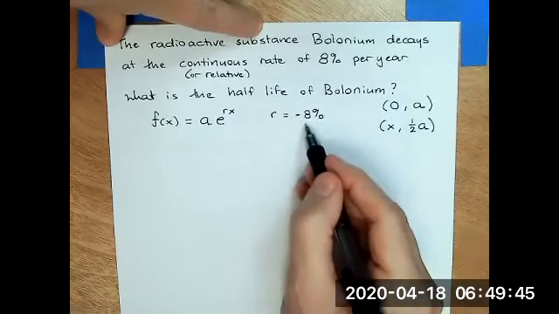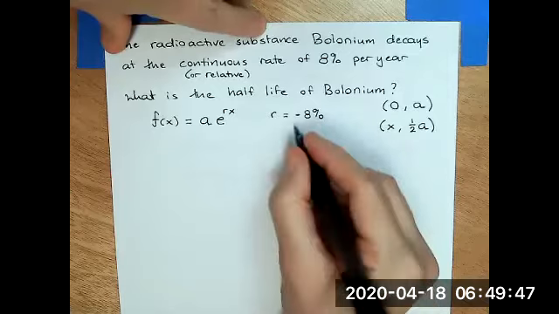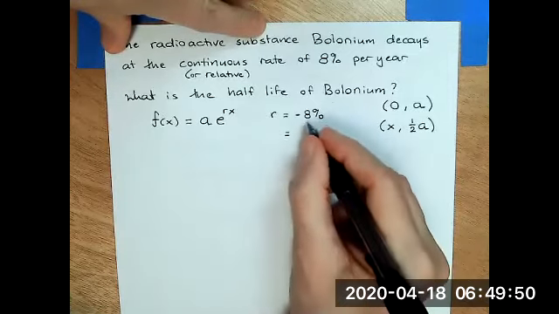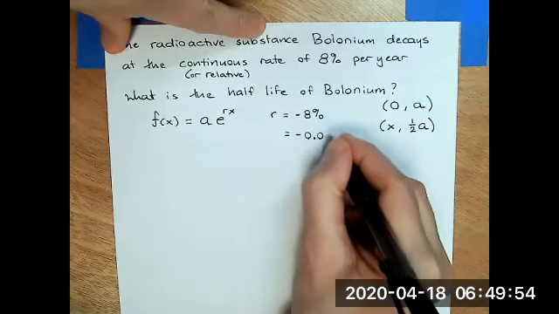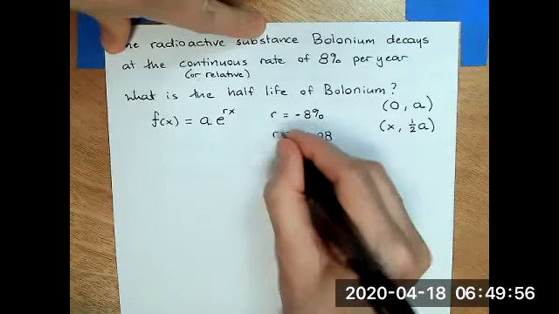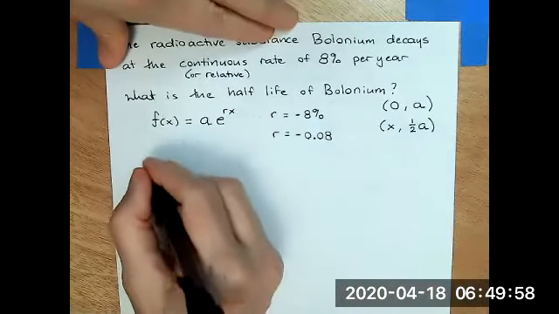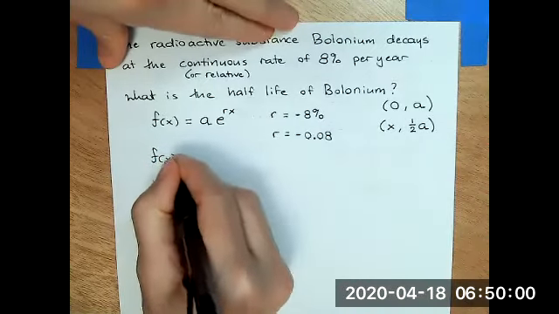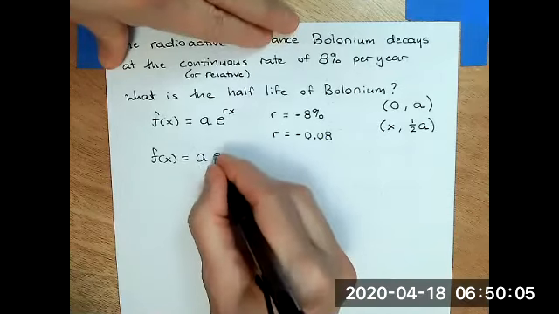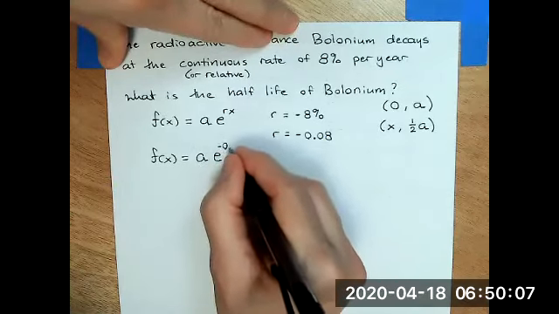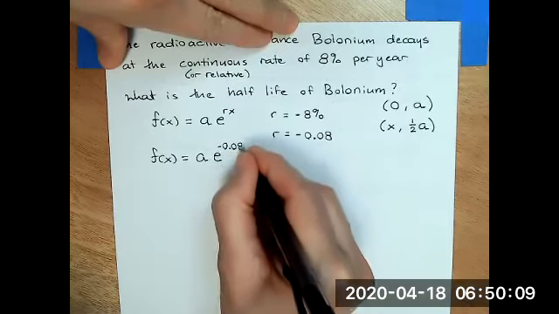So we're going to use negative 8%, but we put it in the formula in the form of a decimal. It's going to be negative 0.08. So my function is the initial amount times e to the minus 0.08x.